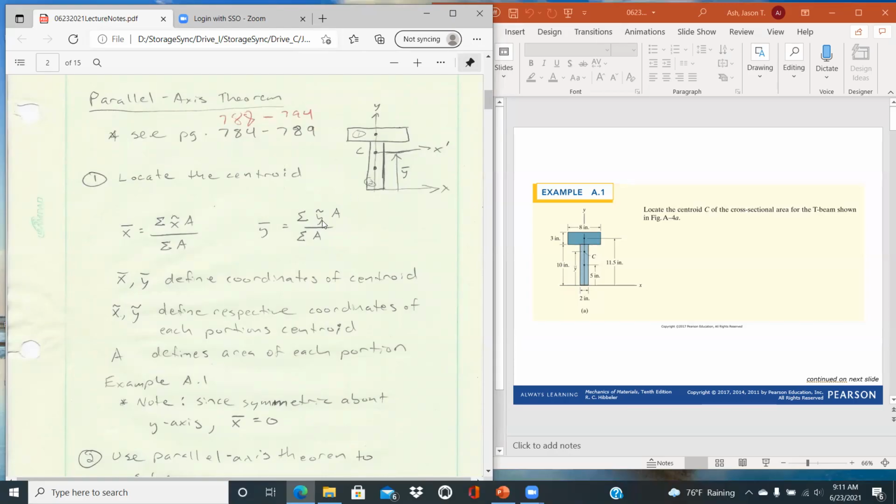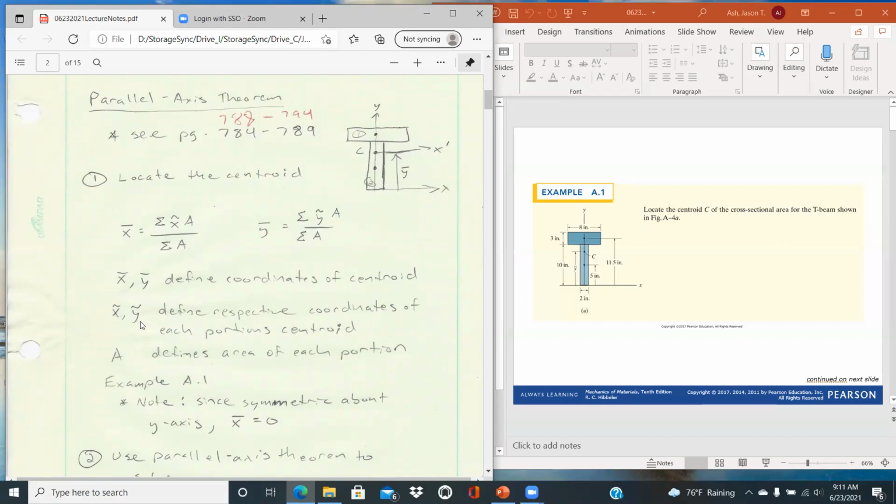And that's really just the sum of the individual centroids of each area, the y tilde, times the area of that section, divided through by the sum of the total area of the cross section. And so again, x bar, y bar just defines the coordinates of the centroid.